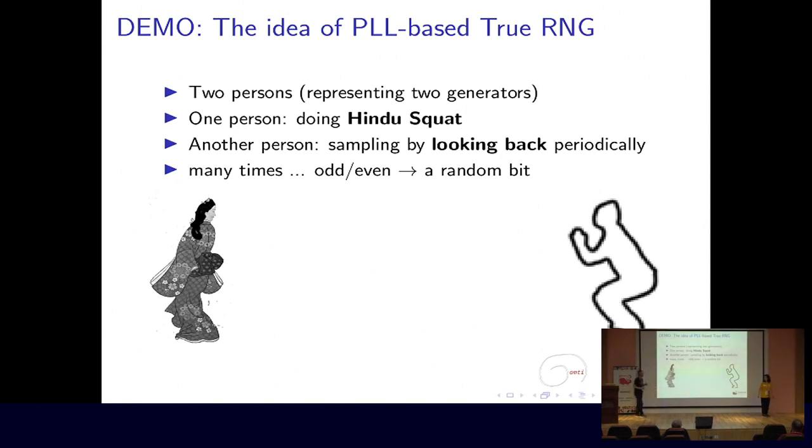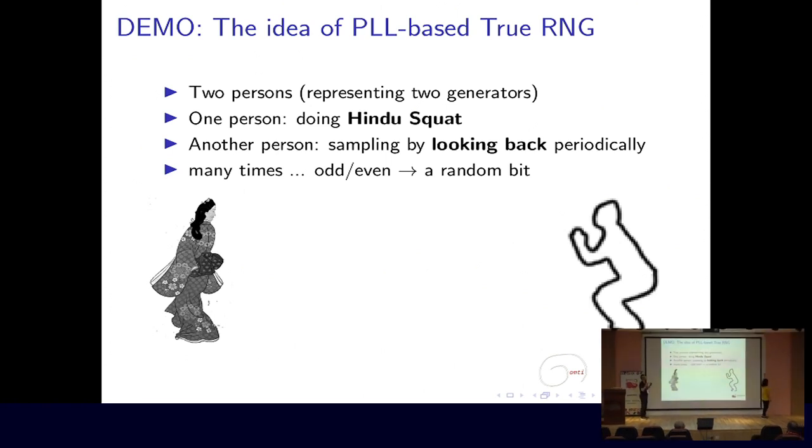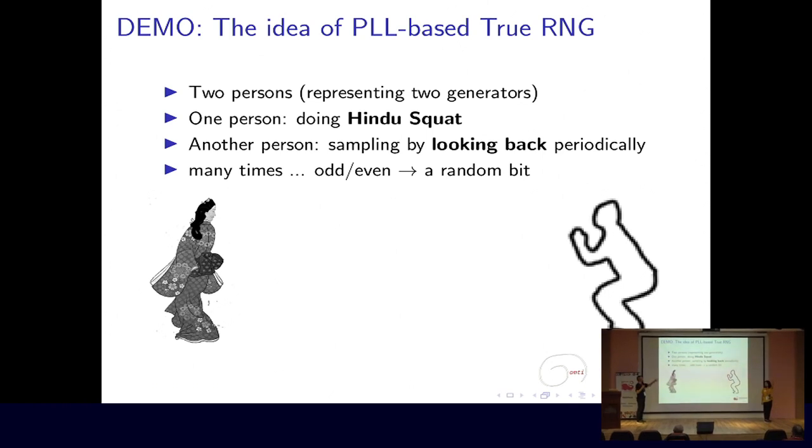So the PLL-based TRNG runs like that. Let's do that. I do my own exercise, 0 and 1, 0 and 1. And when she looks back, if it is 1, she changes the state. 1, 0, 0, 1.